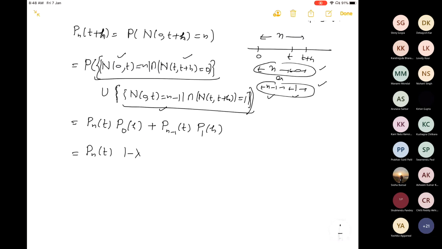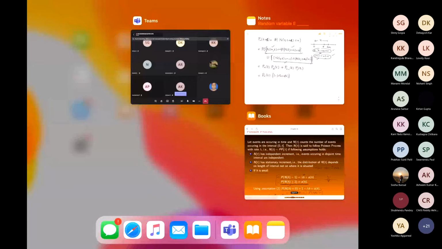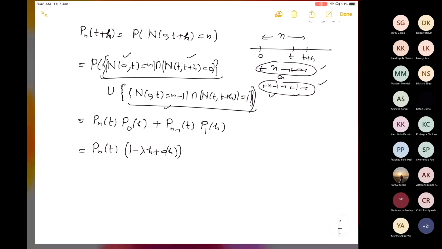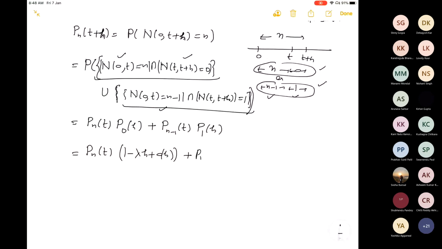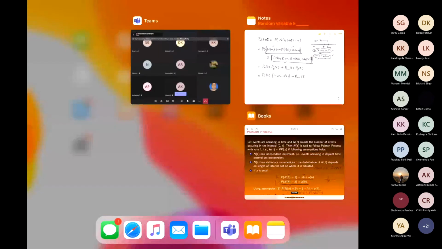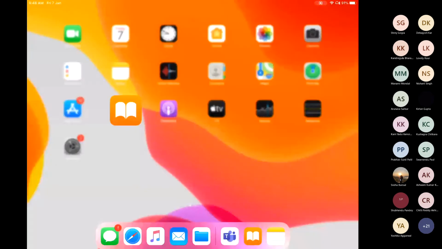So 1 minus lambda H plus small o h, and plus Pn minus 1 T into P1 H. P1 H is lambda h plus small o h.